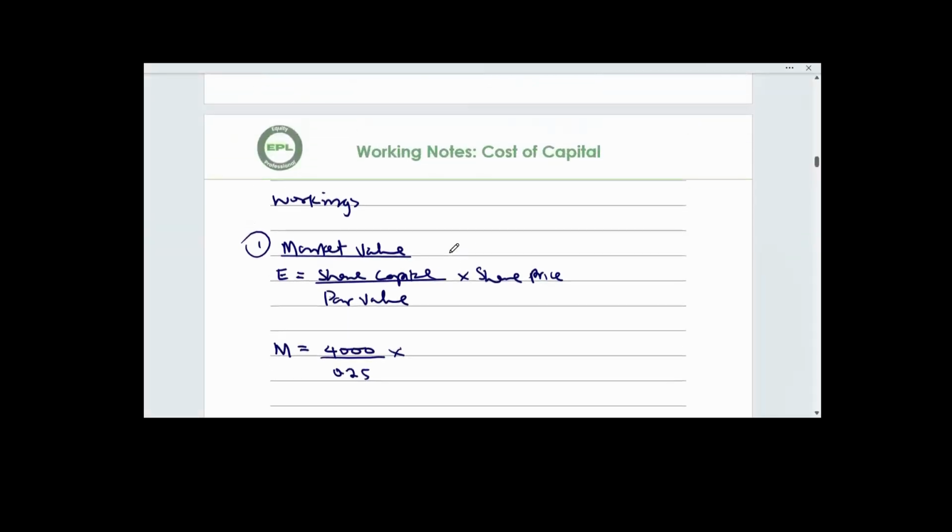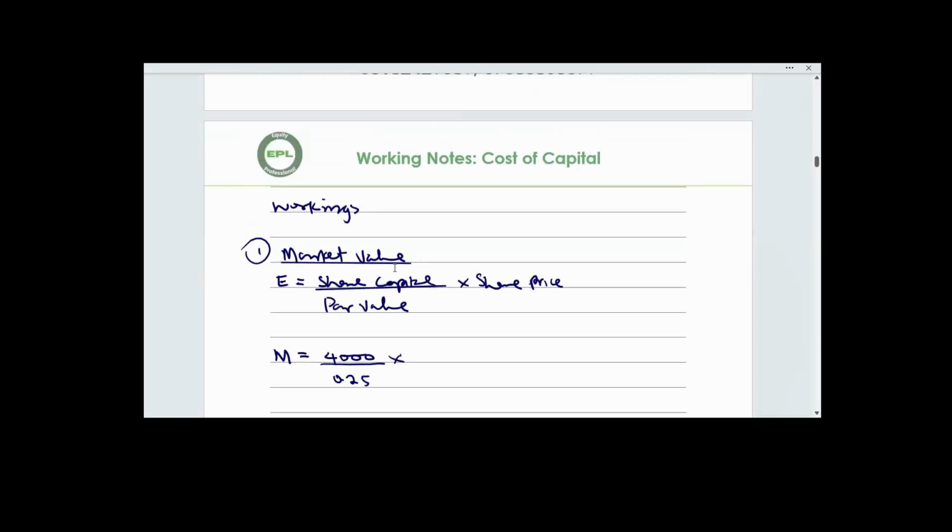For those of you that are coming from skills level, you have done financial statement analysis, which includes ratio analysis. In ratio analysis, you would have been taught that price earning ratio is computed as share price divided by earnings per share.